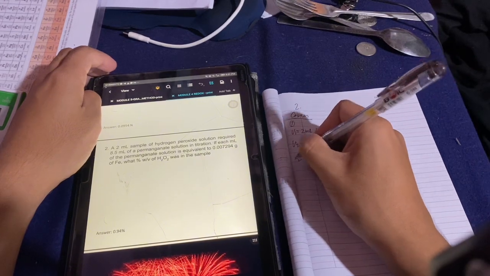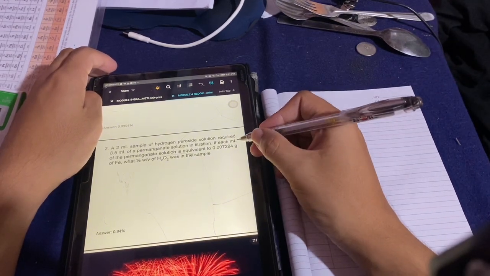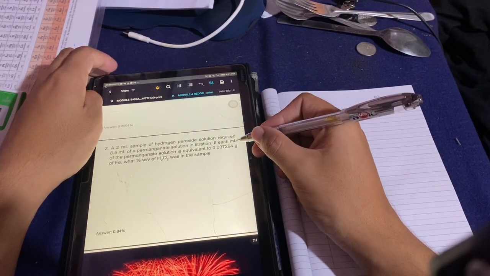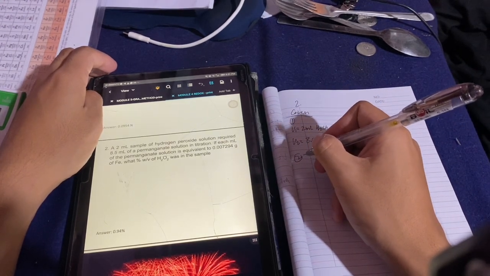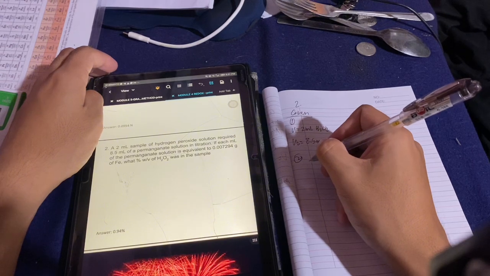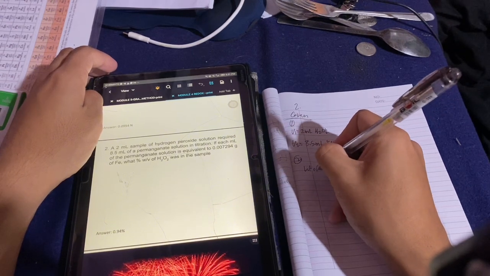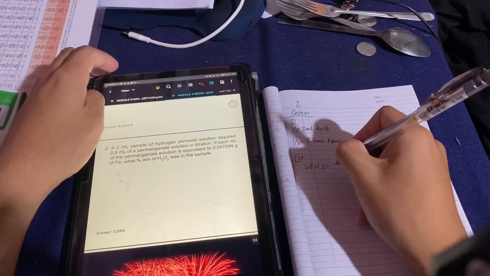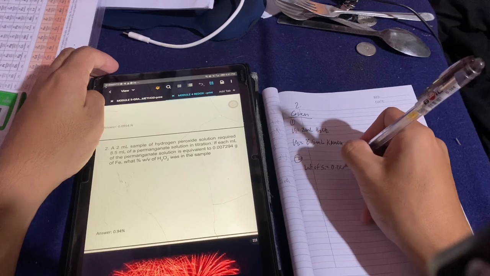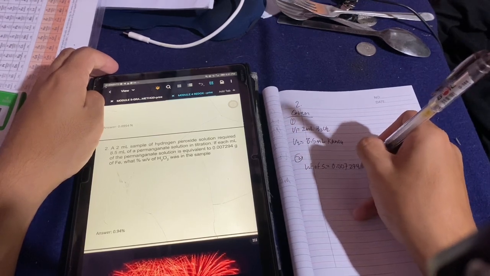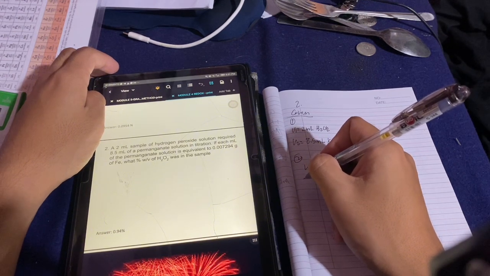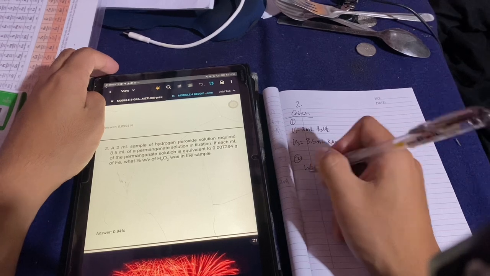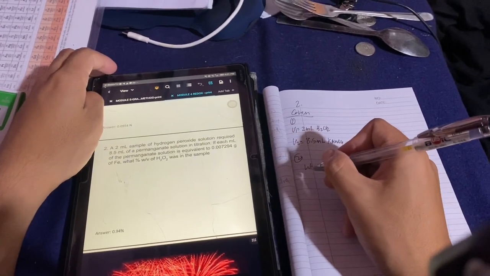The second statement, the given is that each ml of permanganate solution is equivalent to 0.007294 grams of iron. So what was given is the weight of the substance, which is 0.007294 grams. Then the question is, what percentage weight over volume of H2O2 was in the sample?